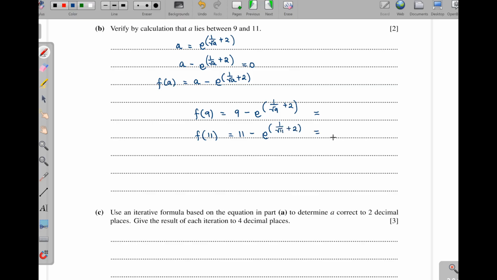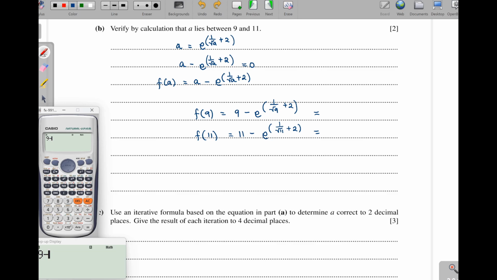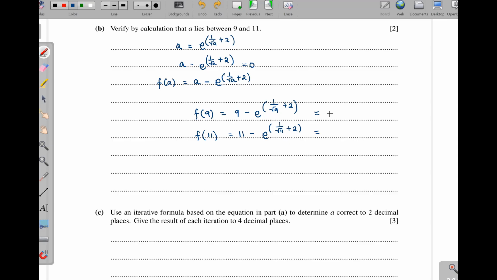This one will also give us a certain value. One positive, the other one negative. So f of 9 gives us negative 1.312258, and whatever is coming forth.